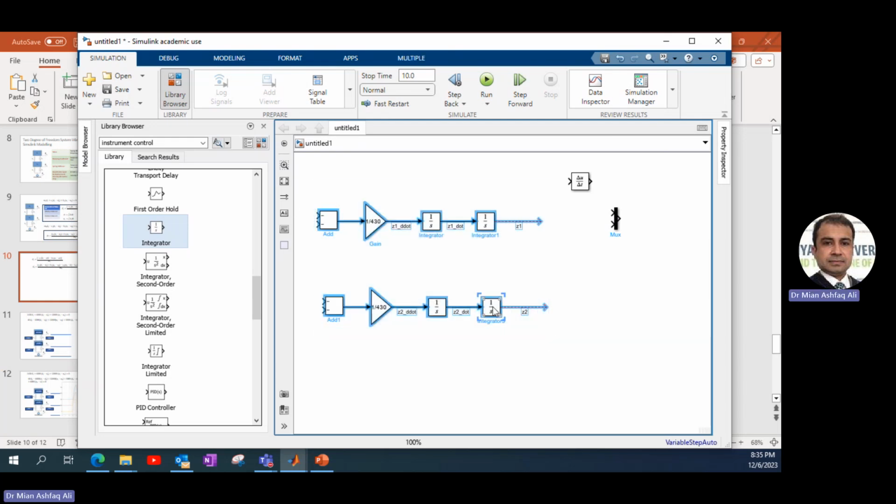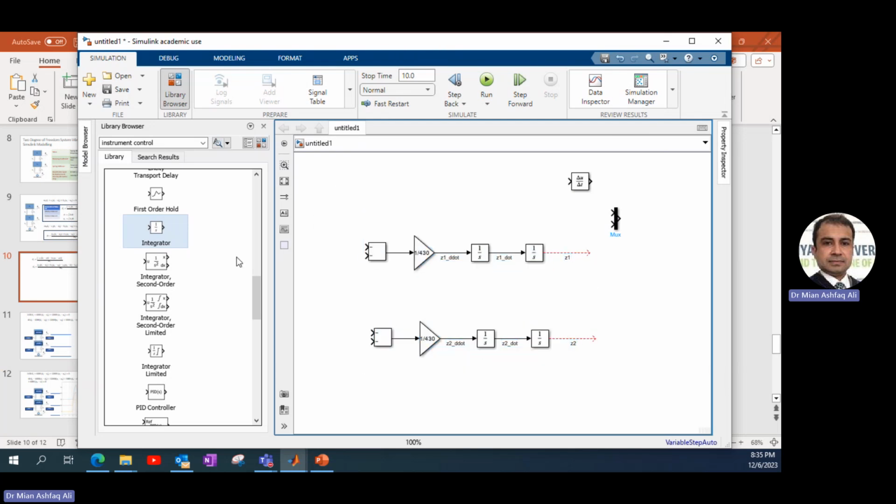Now I can go to this block one more time. I can press Control and I to invert it, and I can take this Z1 minus Z2, and then I can multiply with a gain.